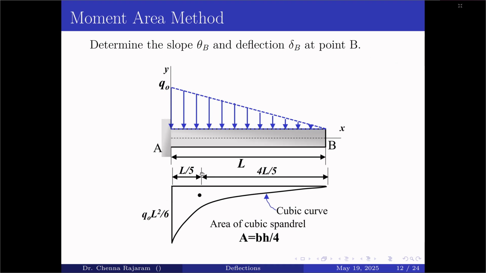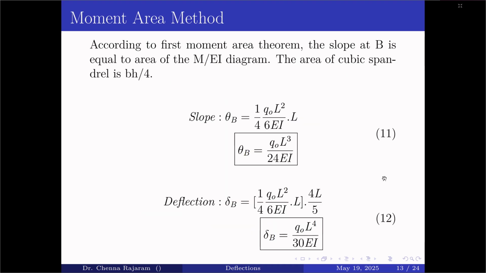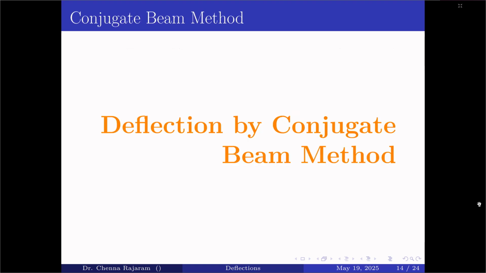So the distance from the centroid to where you are calculating the deflection is very important, and that's why the distance is equal to 4L by 5. Substitute 4L by 5 here to obtain the deflection at B. Delta B is equal to Q naught into L to the power of 4 divided by 30 EI. So this is the deflection and the slope using the moment area method.